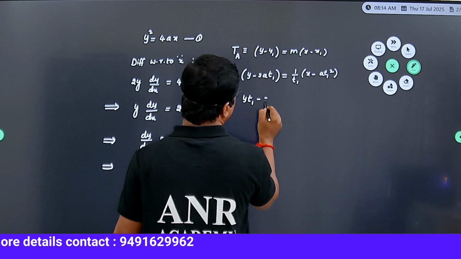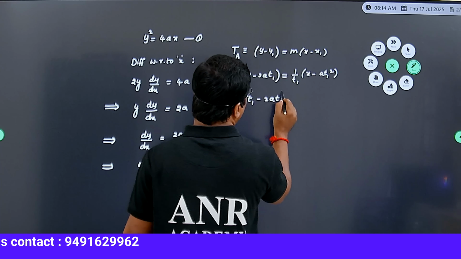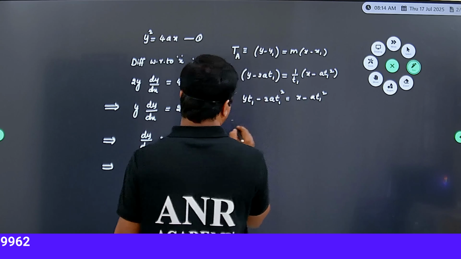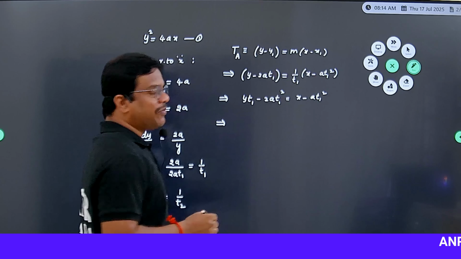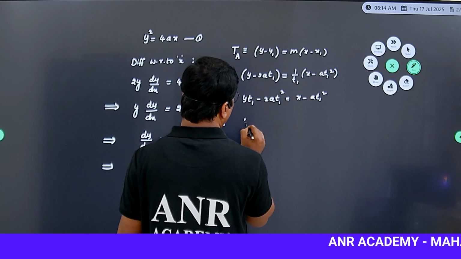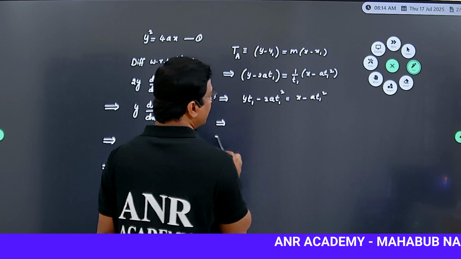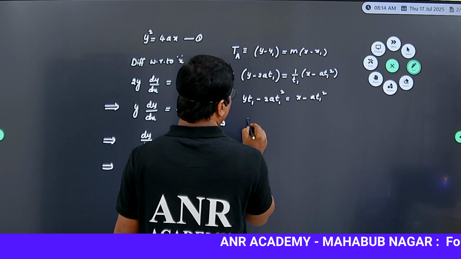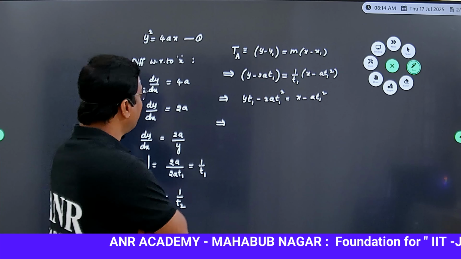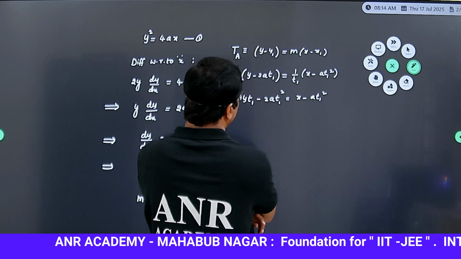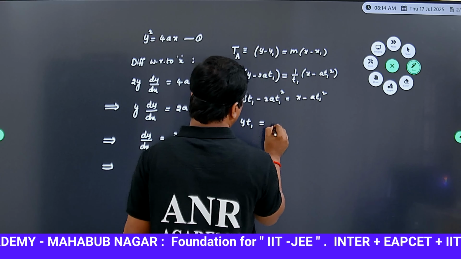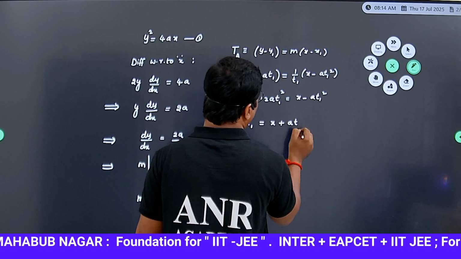On simplification it is yt1 minus 2at1 square equal to x minus at1 square. If you simplify this, we get yt1 equal to x plus at1 square.